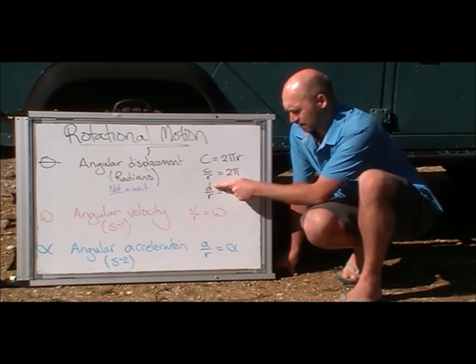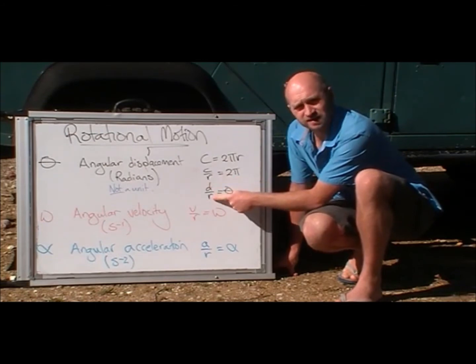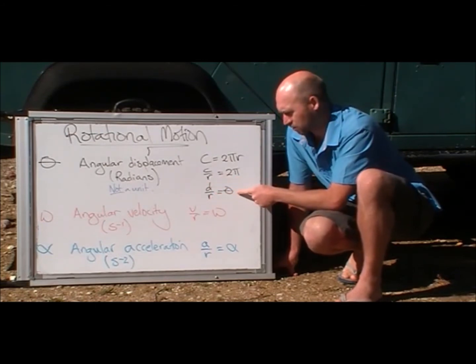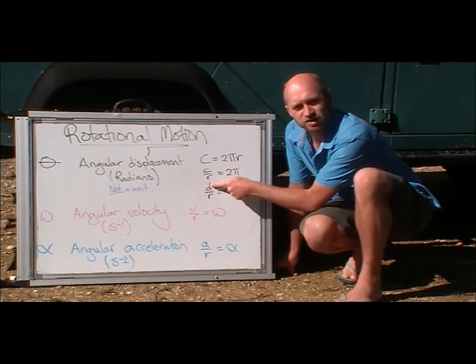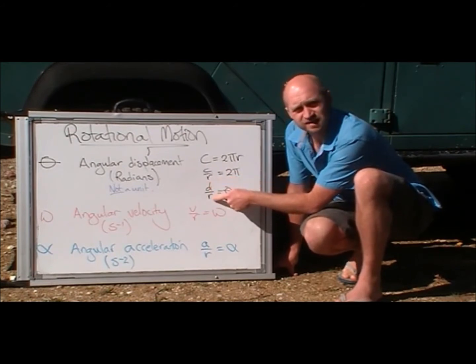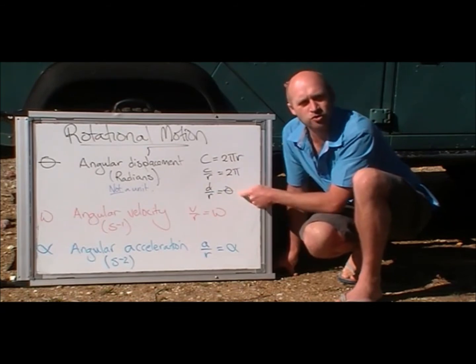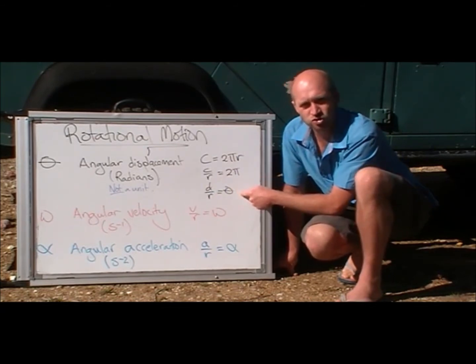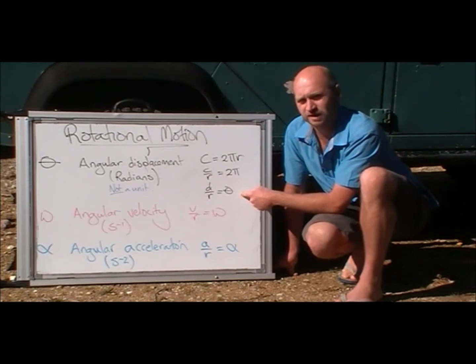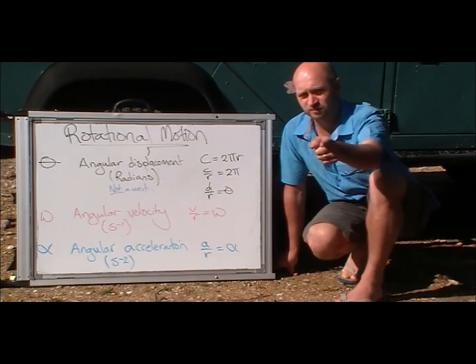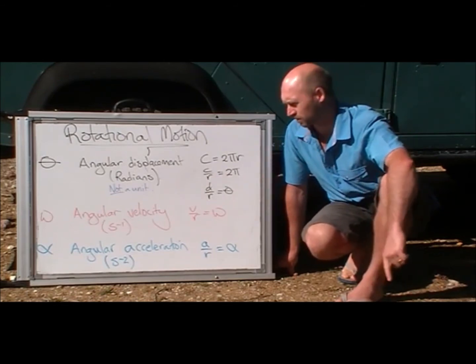The arc length divided by the radius is equal to the angle. Arc length measured in meters, radius measured in meters, meters over meters, no unit. There's no unit for radians. Don't let anyone tell you otherwise. Sometimes even in the exam they do it wrong.